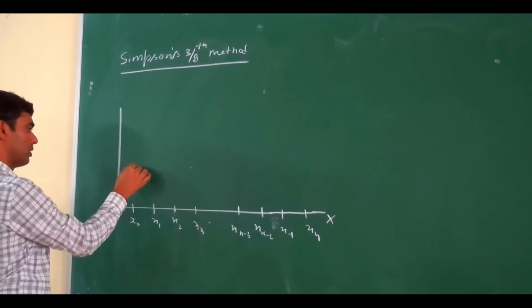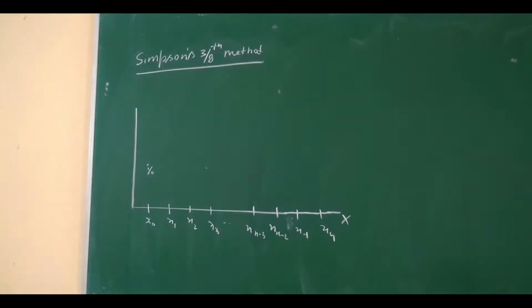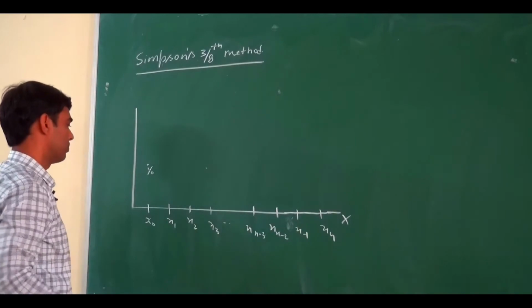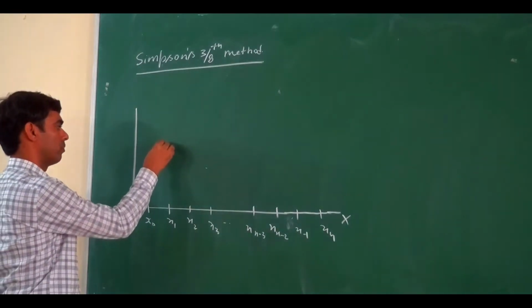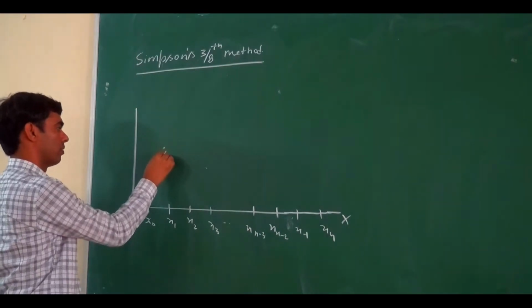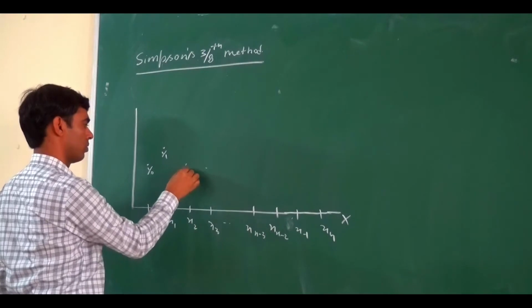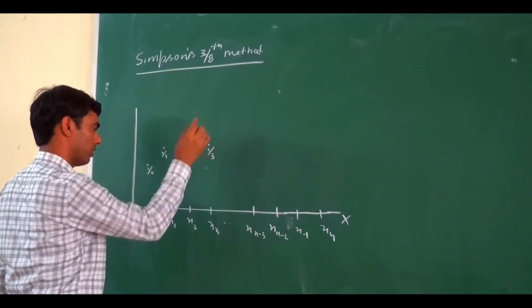suppose this one is y0, the next one is y1, the next is y2, and suppose this one is y3.